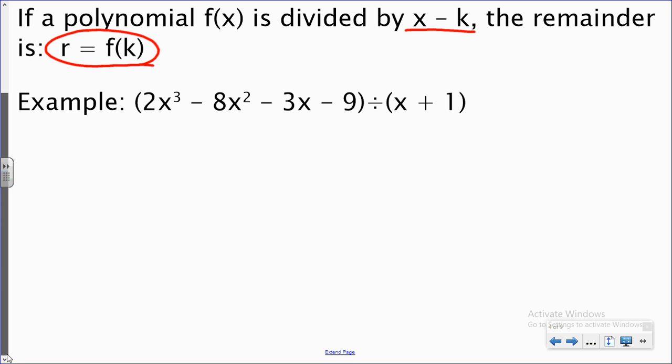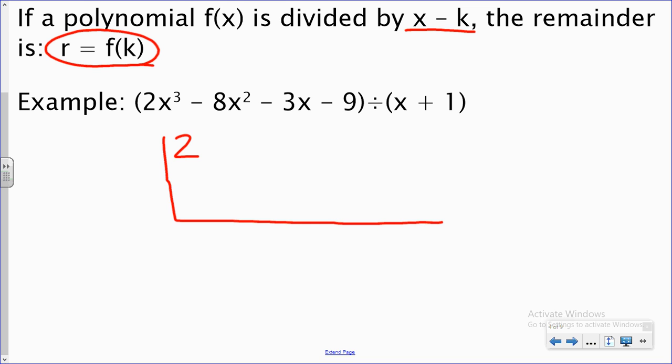Let's use some synthetic division. Are we missing any terms? Okay, so we don't need any zeros. If we're dividing by x plus 1, what number goes right here? Negative 1. This is technically x minus negative 1, in the form x minus k. All right, so let's go ahead and do our synthetic division.